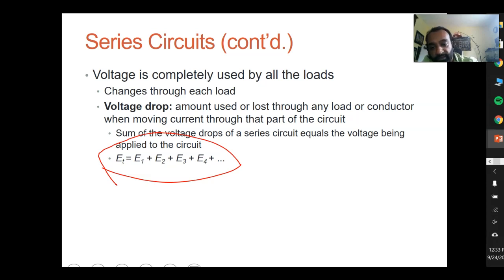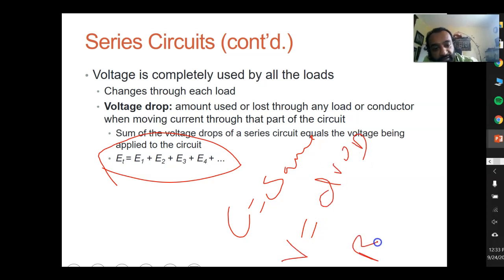So just to repeat, the current will stay the same, voltage will drop, and resistance will add up. Okay. And we will also examine Ohm's law and how it functions in this kind of circuit.